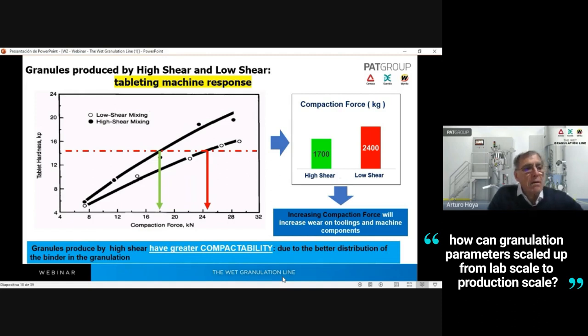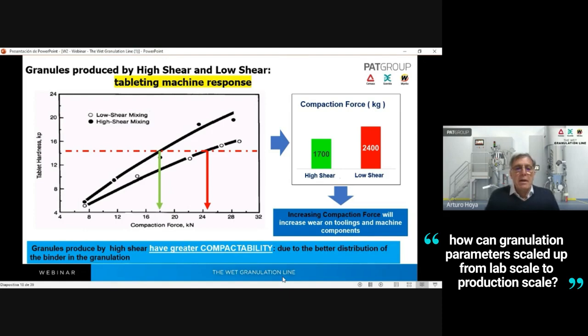The products are developed on a small scale in the laboratory, and then pass to a pilot scale step, and then to a production scale. These are the scaling steps: small, pilot, production. Well, for wet granulation, we have a lot of equations or approximation approaches.